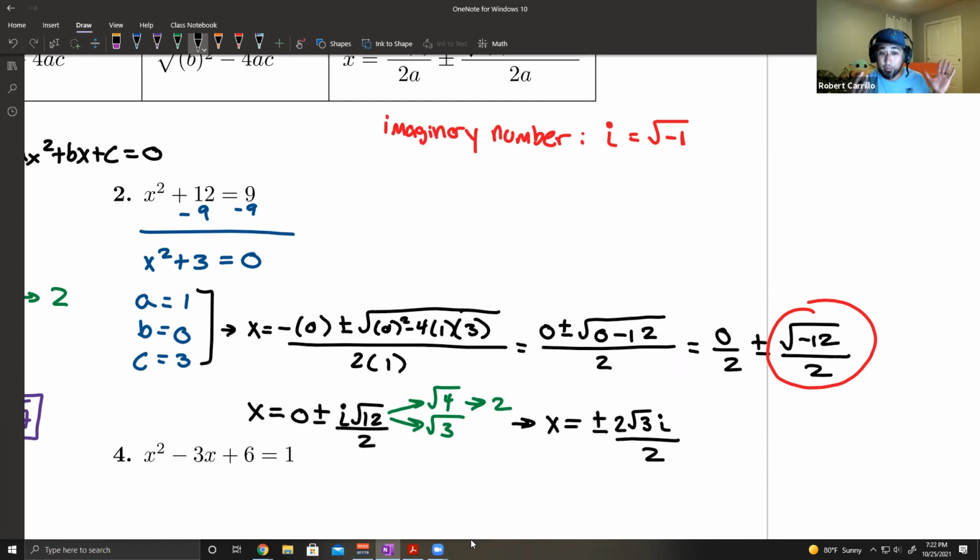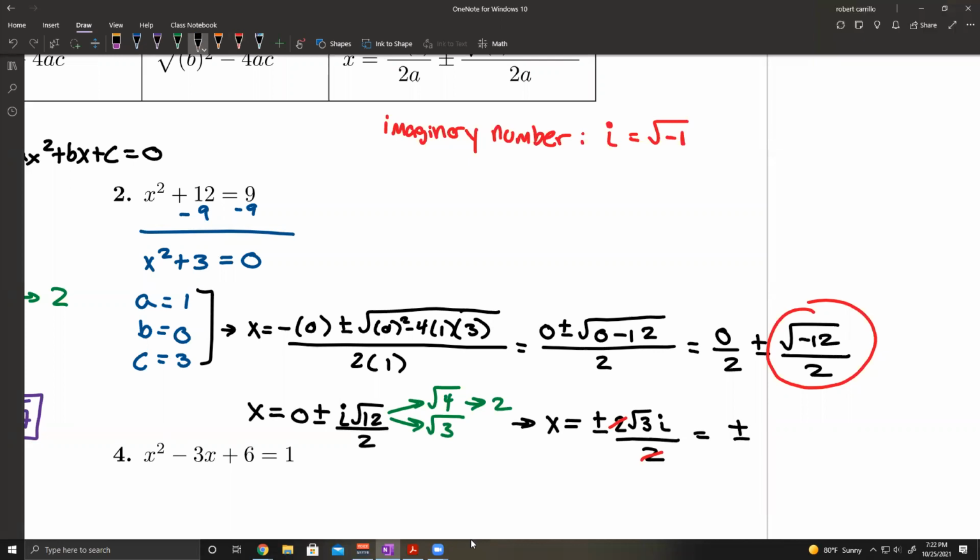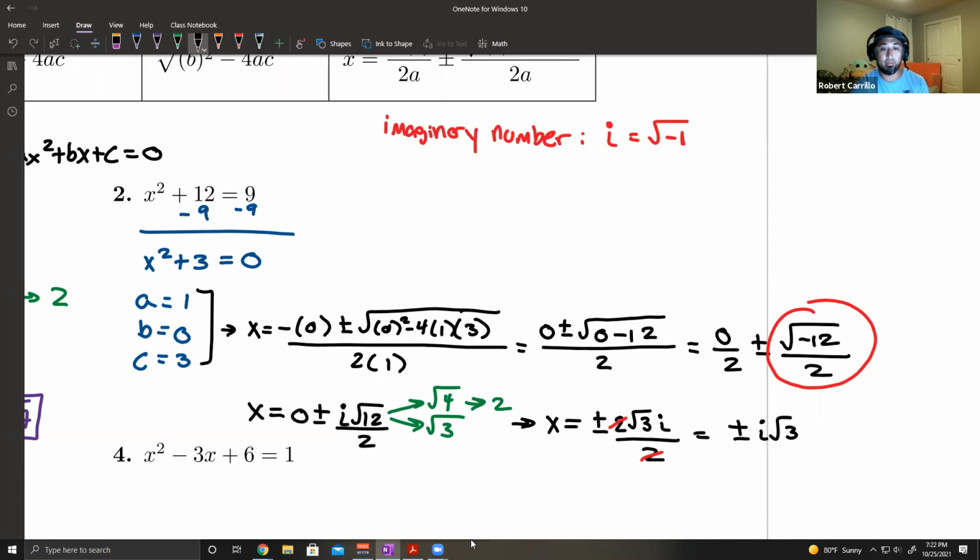And one last simplification. What two numbers are going to cancel out? 2. Your 2's are gone. And now we are left with plus or minus, and you can write this two ways. You can say i square root 3 or square root of 3i.